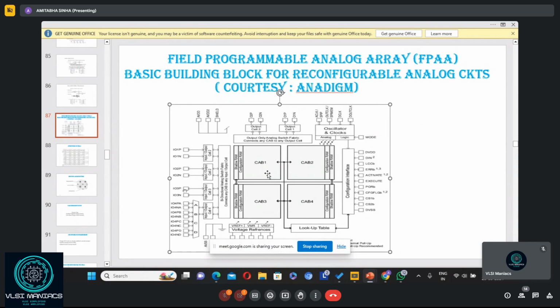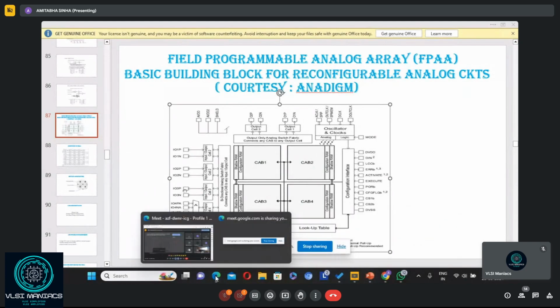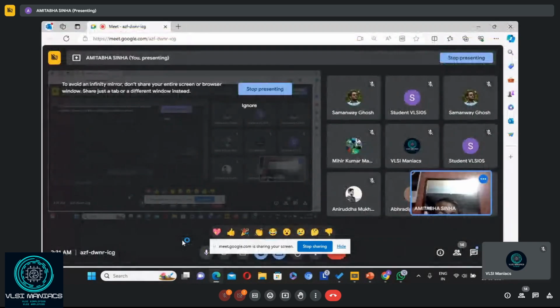Now, what is intra-CAB? Anybody can say what is intra-CAB communication? What is the communication within the CABs?